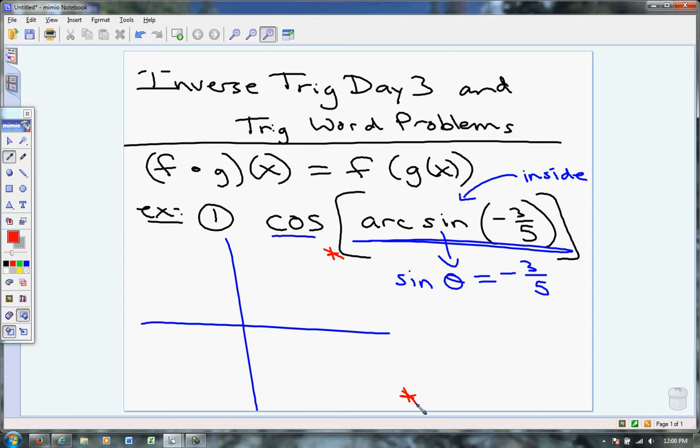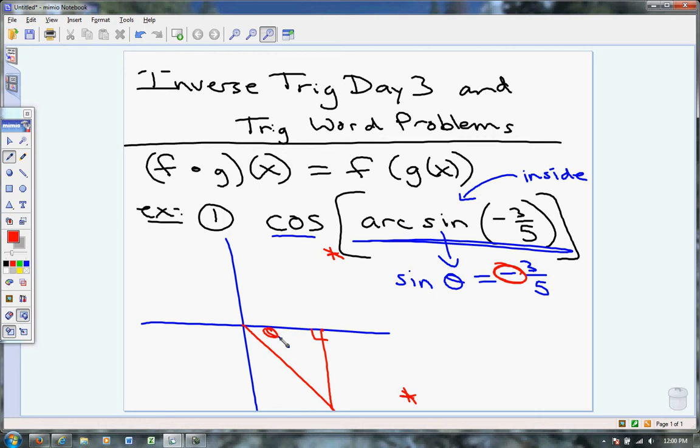So I need to draw my triangle in one of those two places. Since the value is negative, I should draw it in which quadrant? The fourth quadrant. So I want to draw my triangle down here. And this right here is going to be my theta. That's the angle that we're working with.